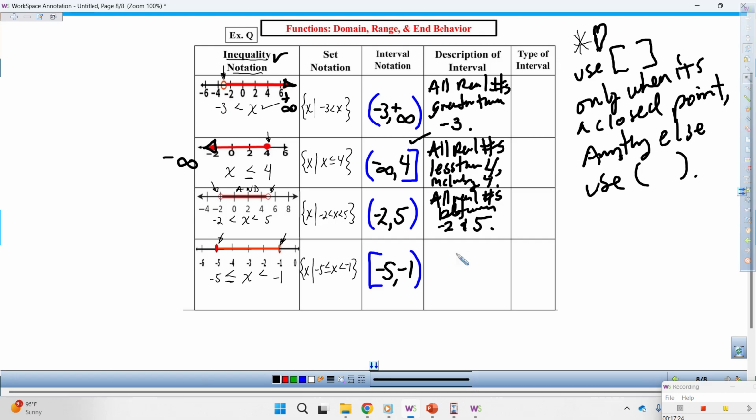I might pass someone. Leo, what do you write? All real numbers between negative 5 and negative 1, comma. What else did you say? Including negative 5. That is correct.